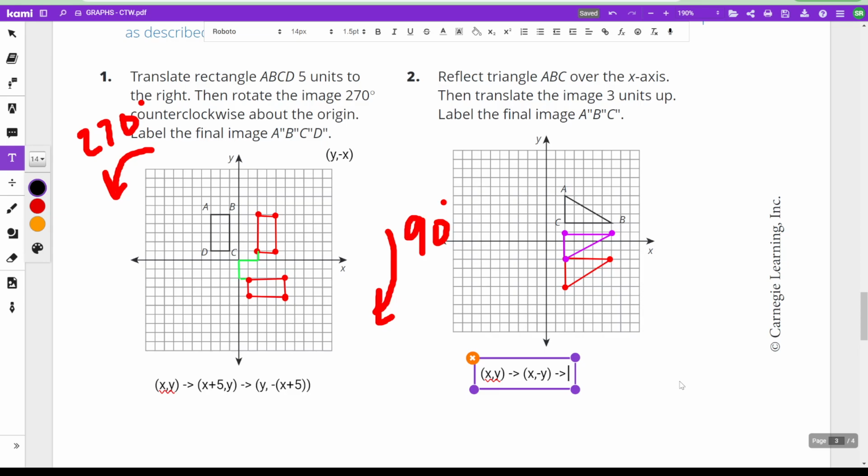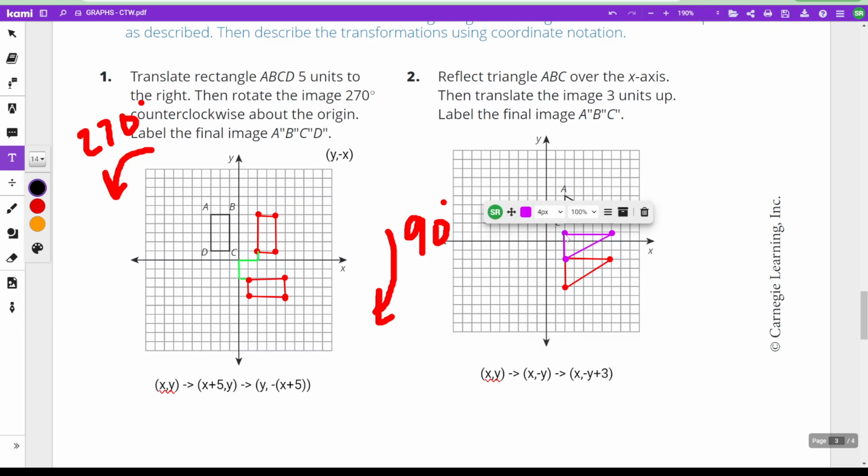And so we're going to add 3 units to our y-coordinate, which is now negative y, right? And so the total transformation is going to result in the coordinates changing into this, right? x, negative y plus 3. And so if you took any one of these points, A, B, or C, and you got the coordinates for those points, and you plugged it into here, you would be able to get the new points, A double prime, B double prime, C double prime.